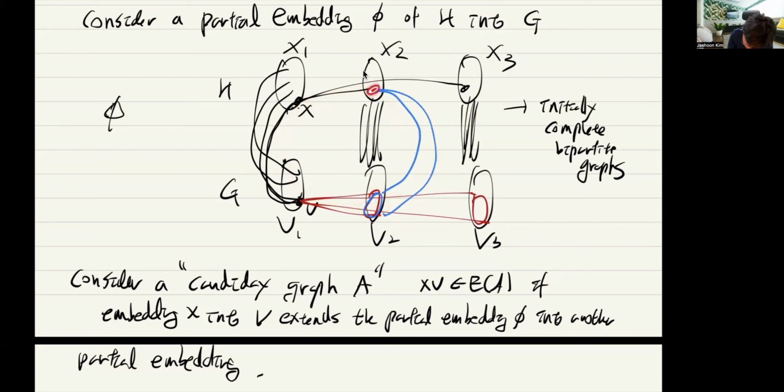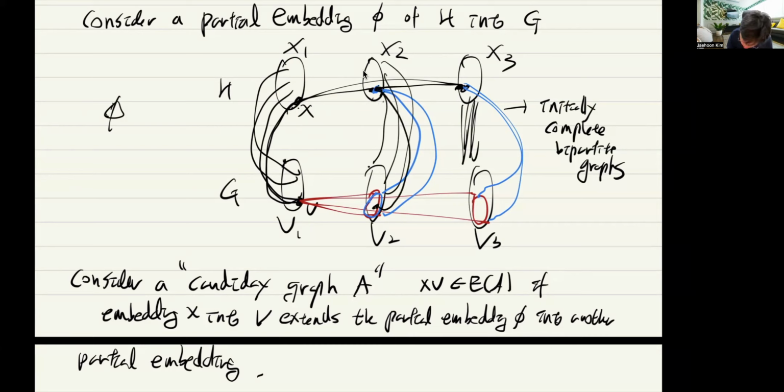you delete every edge from here to here. You only keep the edges from here to here. And then in the same way, this now has edges only to here and here. And let's say there is an edge between this as well. And next time you find again a perfect matching in this candidate graph. And then let's say this vertex is embedded to here.